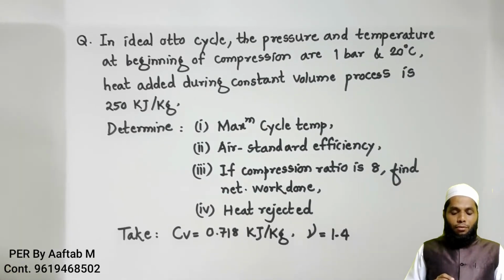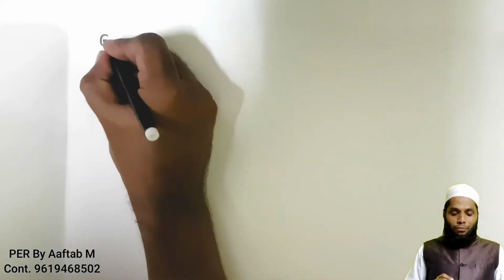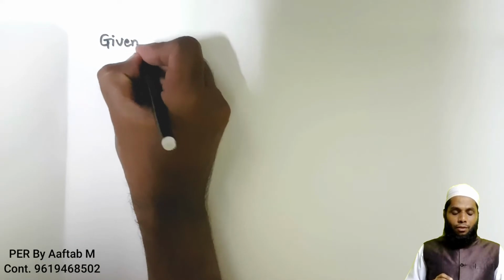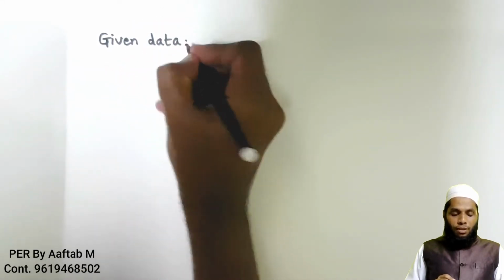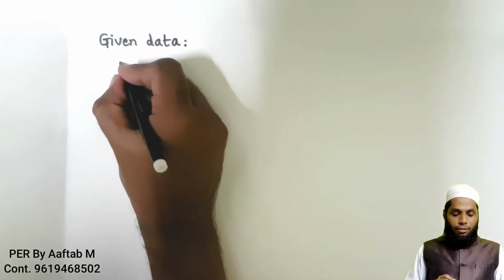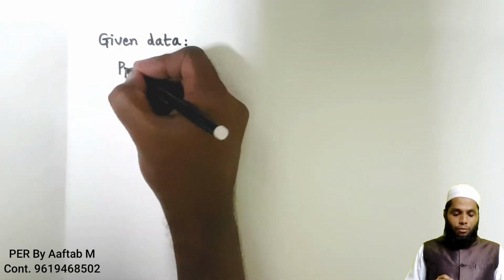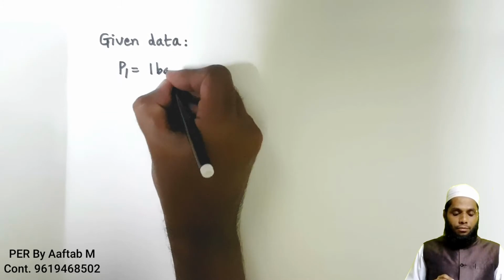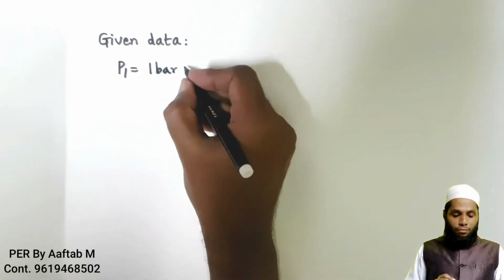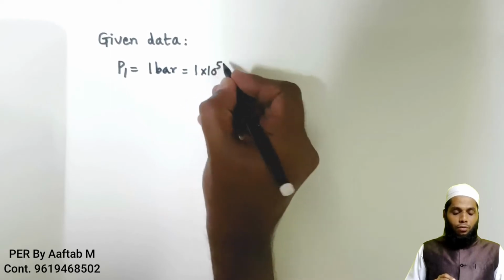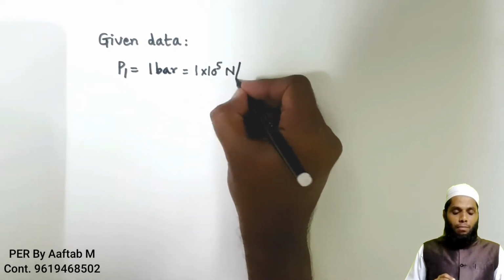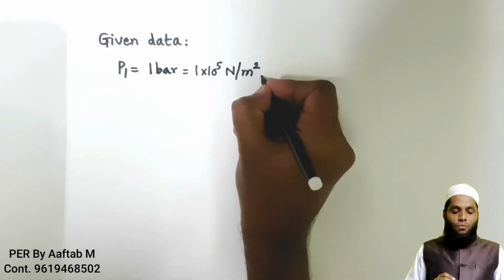So, dear friends, we'll move on to solution of this problem. For that we will follow this stepwise procedure. So first of all, we'll list given data of this problem. Given data for us, initial pressure P1, that is 1 bar, will convert it into Newton per meter square by multiplying 10 raised to 5.